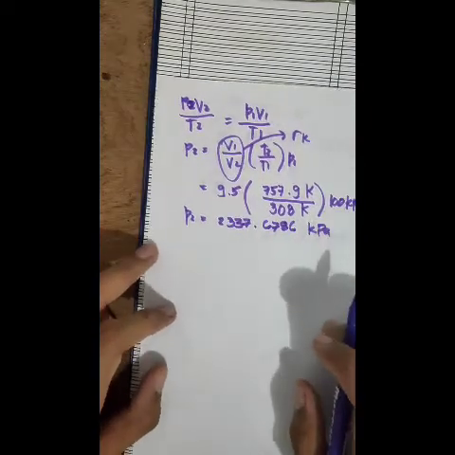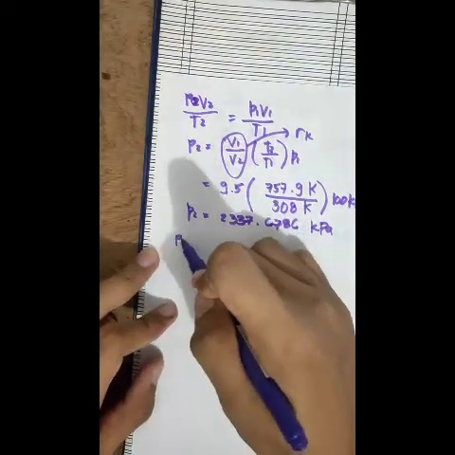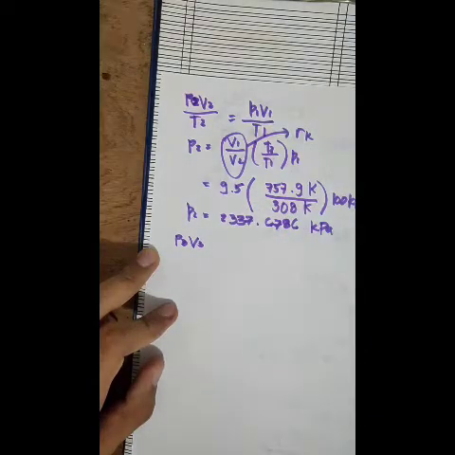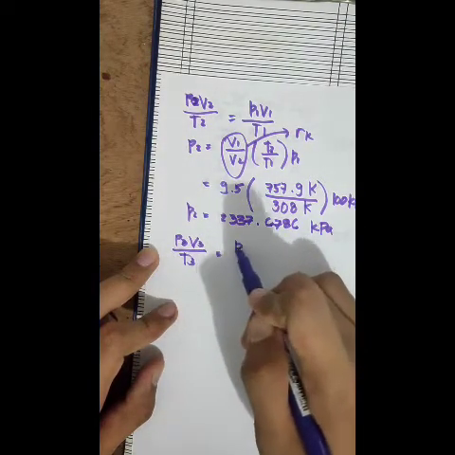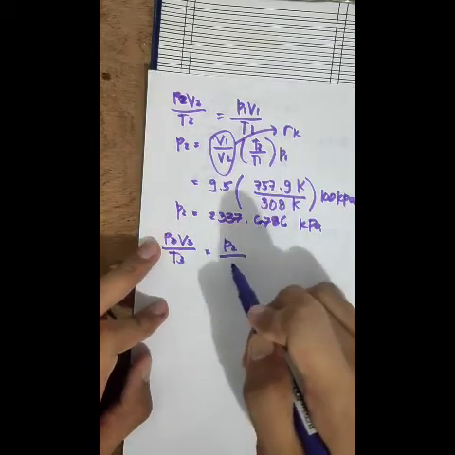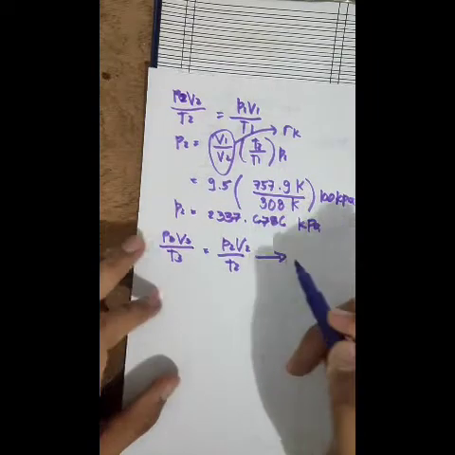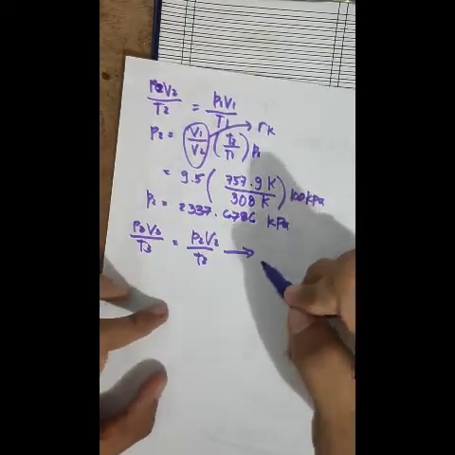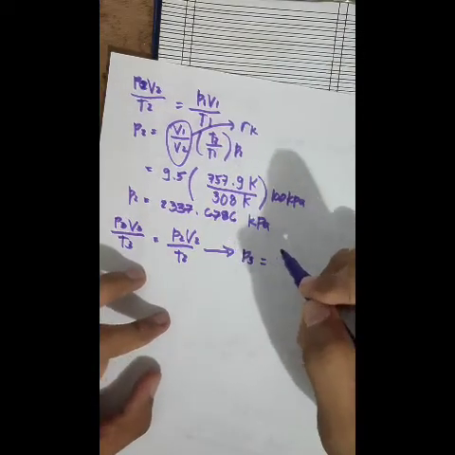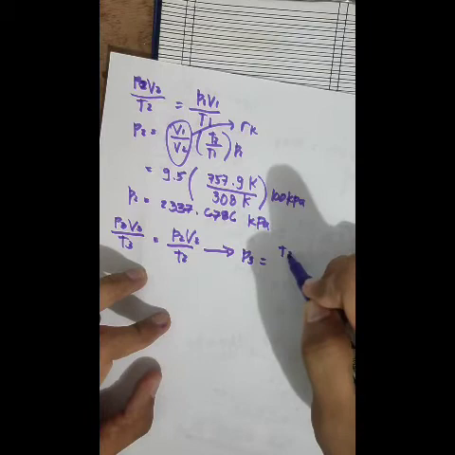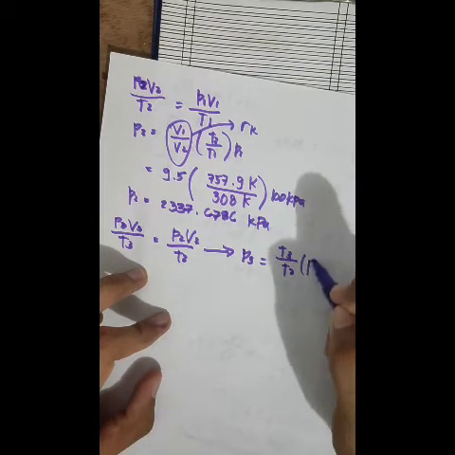So for finding the P3, we use this formula. P3 V3 over T3 is equal to P2 V2 over T2. So we can derive this formula into this. P3 is equal to T3 over T2 times P2.